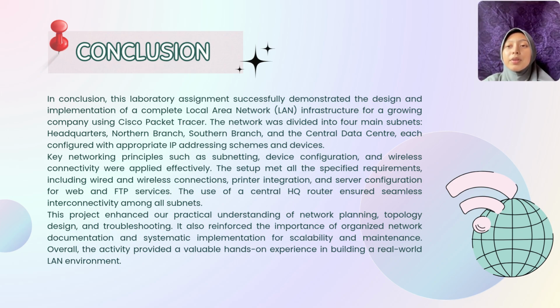Key networking principles such as subnetting, device configuration, and wireless connectivity were applied effectively. The setup met all specified requirements, including wired and wireless connections, printer integration, and server configuration for web and FTP services. The use of a central HQ router ensured seamless interconnectivity among all subnets.